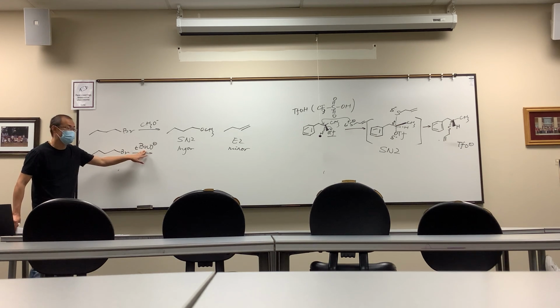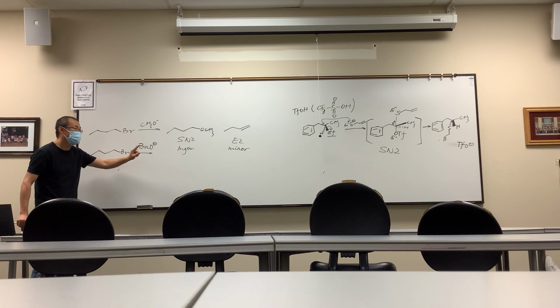Bulky base means E2. It's a strong base, but bulky means it is hindered. Sterically hindered means it is a poor nucleophile. Poor nucleophile means what reaction doesn't happen?